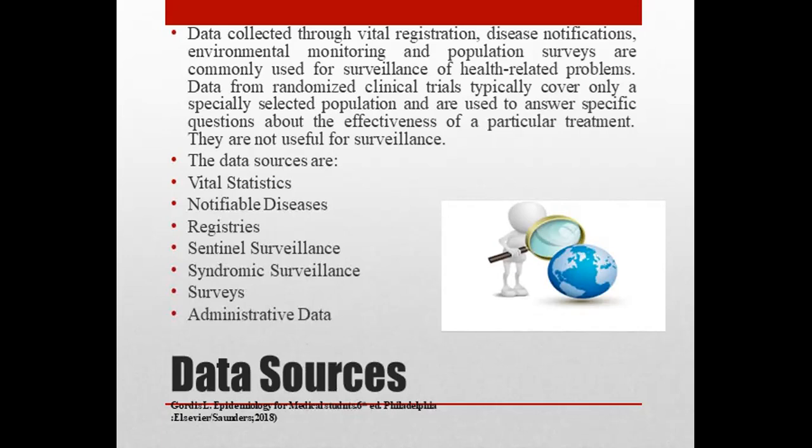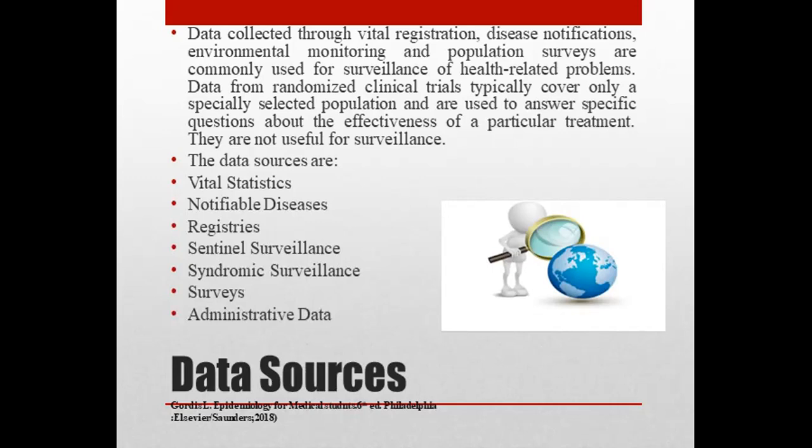Therefore, the data mostly generated from disease notification, vital registration, registries, sentinel surveillance, syndromic surveillance, administrative data, or surveys are mostly used for surveillance purposes. But clinical trials and randomized trials are rarely used, or they are used typically for a selected, special population only.